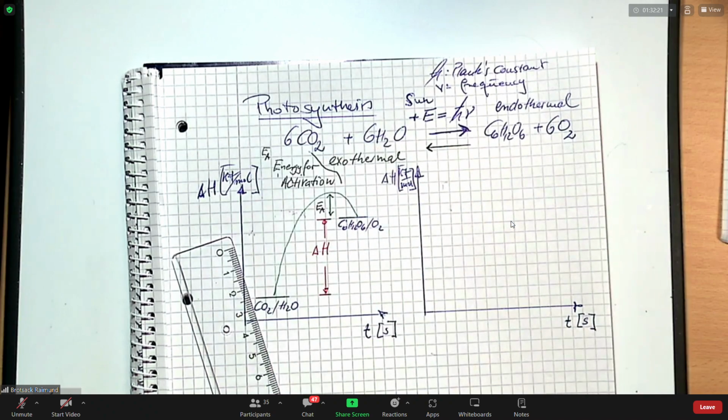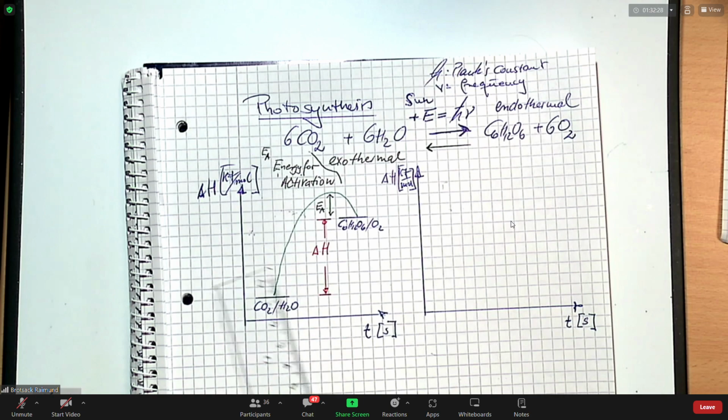That's EA. Now, that is the photosynthesis, and this is endothermal.